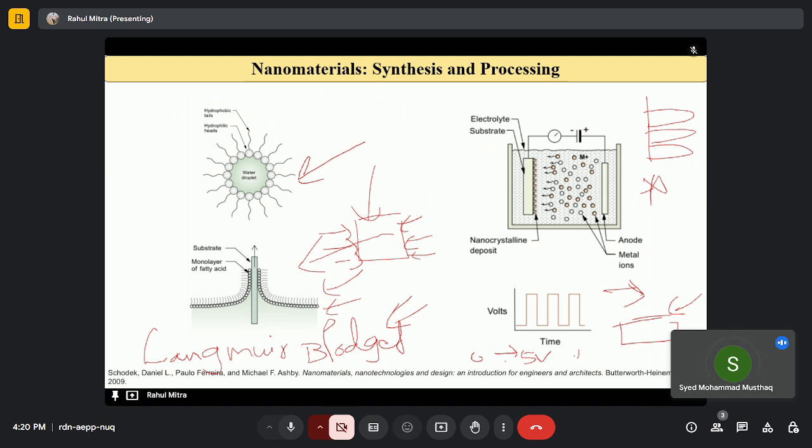One should remember, during this process we provide pulses to have nucleation sites.